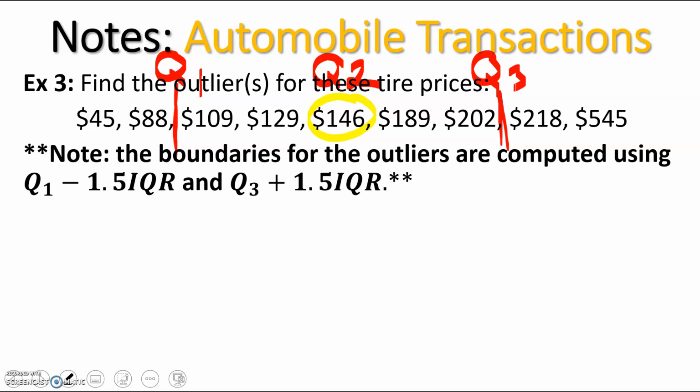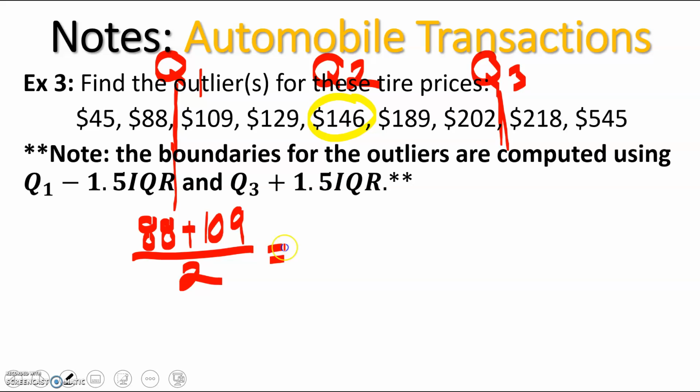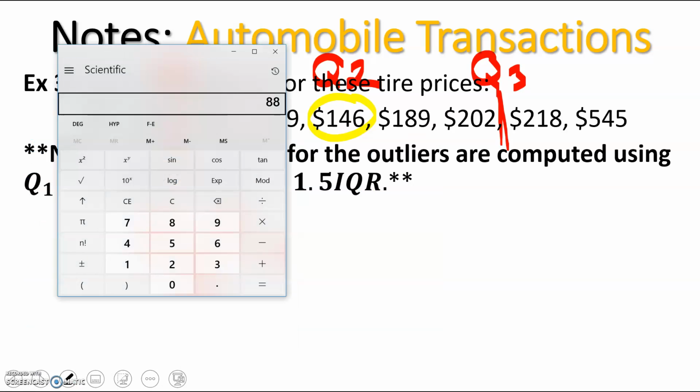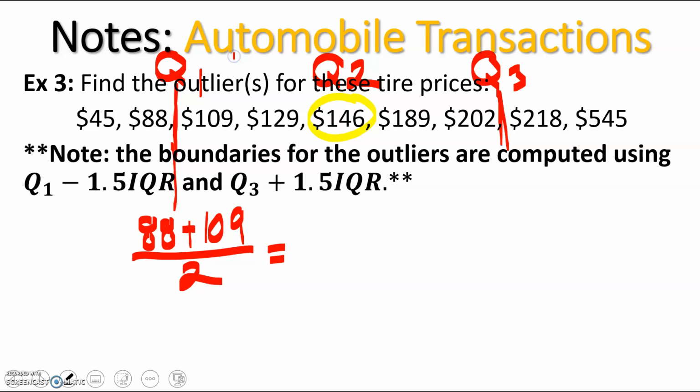All right, now remember what I said before. If you have a quartile that lands between two data points, we're going to find that quartile by finding the average of the two numbers. So I'm going to take the $88 and the 109, and I'm going to divide by 2. So we have 88 plus 109, and we're going to cut that in half. So we see that that's $98.50.